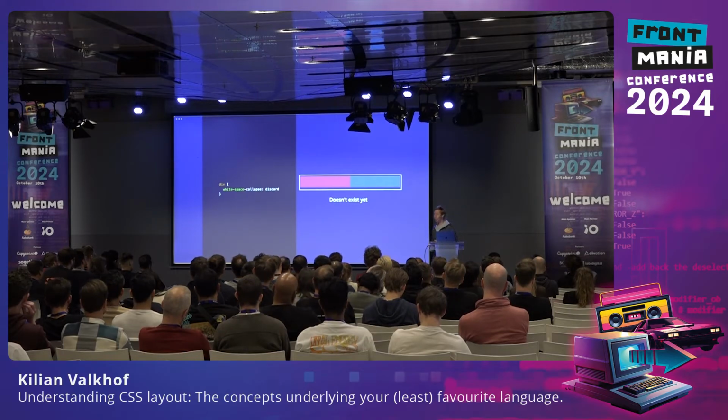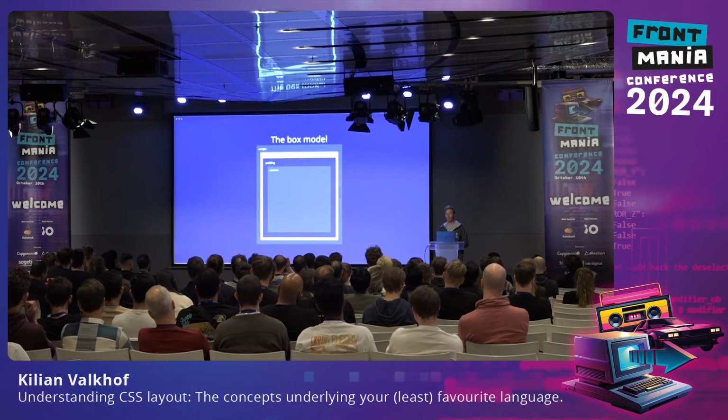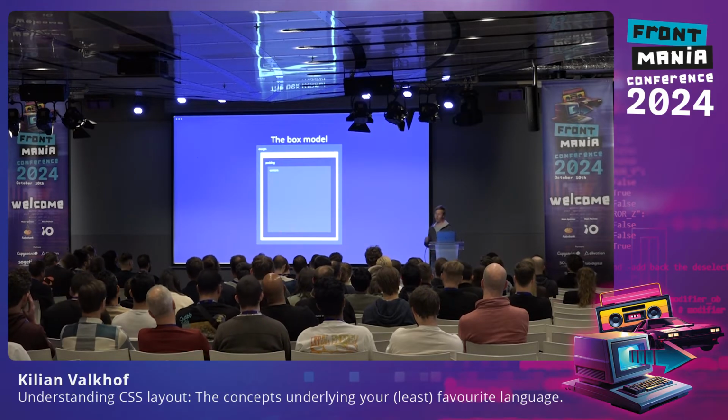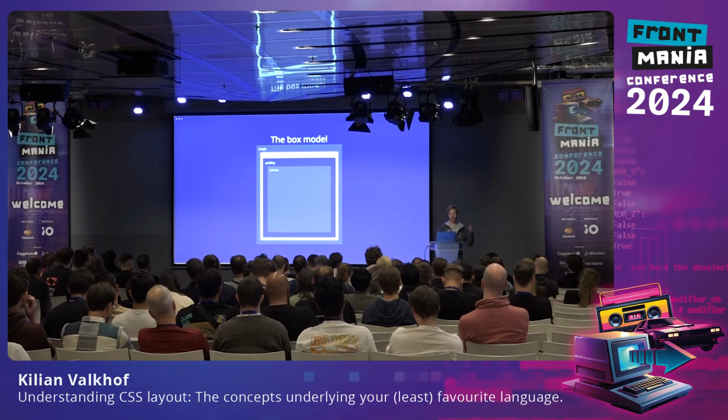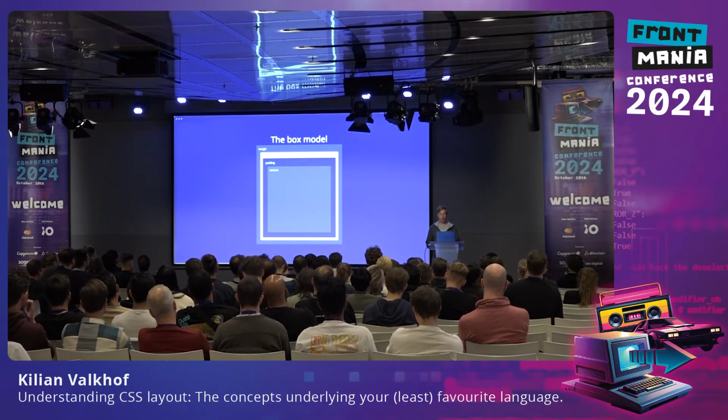Okay, now to everyone's favorite slide, the box model. I just told you a lot of stuff about boxes in CSS. Everything is boxes, there's block boxes, there's inline boxes, there's anonymous boxes. But what happens if we zoom into a box? So this is where we talk about the box model.